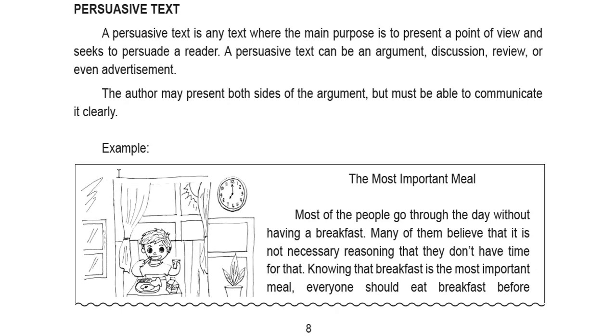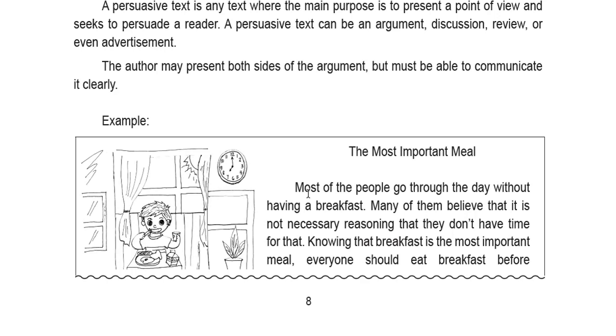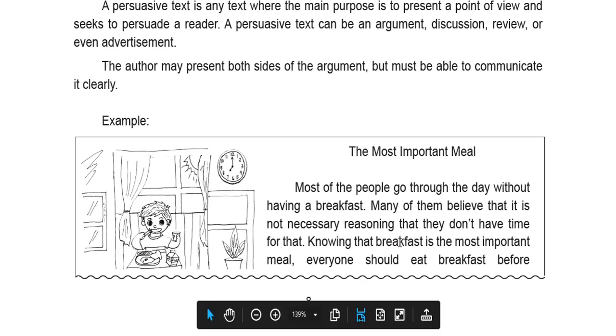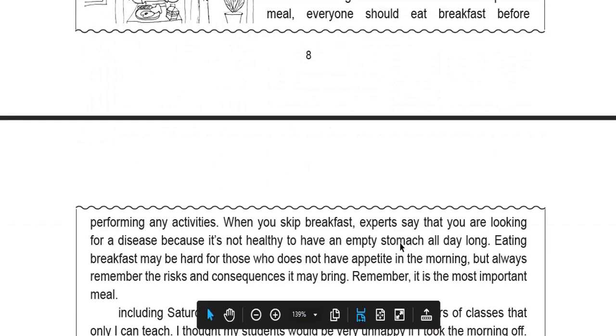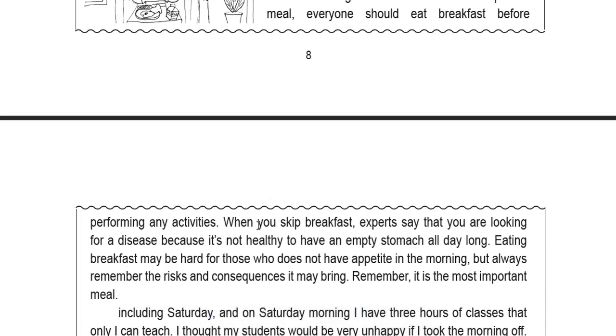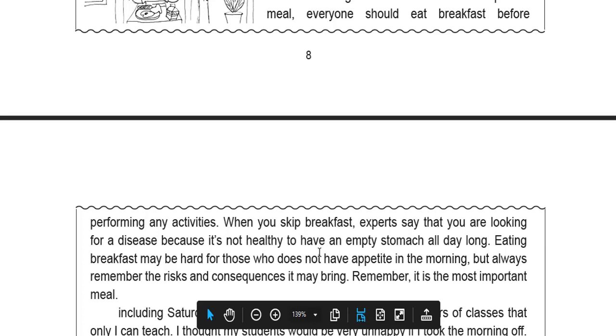So, we have here an example. The title is The Most Important Meal. The author here is presenting an argument in which he said that breakfast is the most important meal. There is a research that if you skip breakfast, experts say that you are looking for a disease because it's not healthy to have an empty stomach all day long.